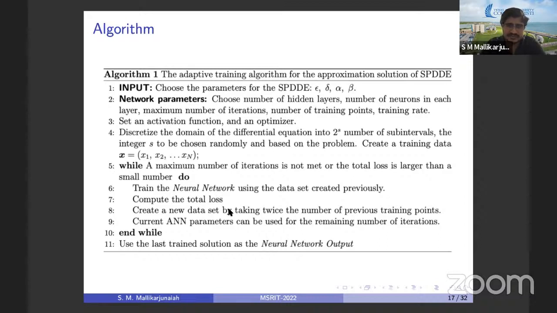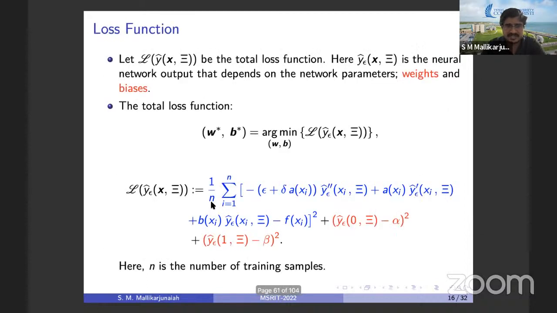If you choose less than 10 to the minus 6, then we may have to increase the number of iterations, or choose more neurons, or maybe more hidden layers. Now train your network using the data created previously and compute the loss function. The loss function is given in the previous slide.